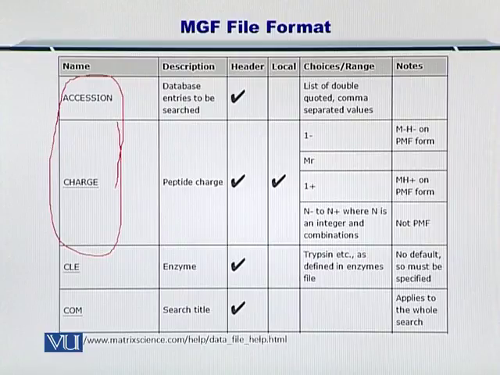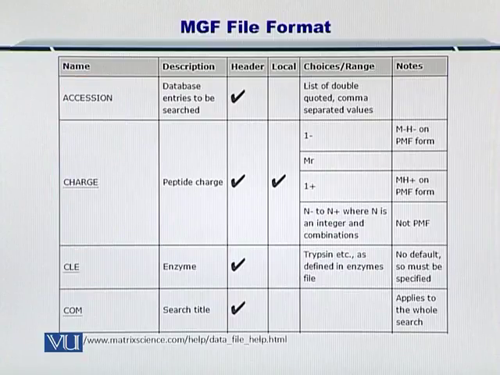Secondly, the charge attribute is essentially the charge on the peptide of the protein that is under observation. Next, there is the CLE attribute and the COM attribute, which give you the enzyme that is used or the search title that you can give for your search.